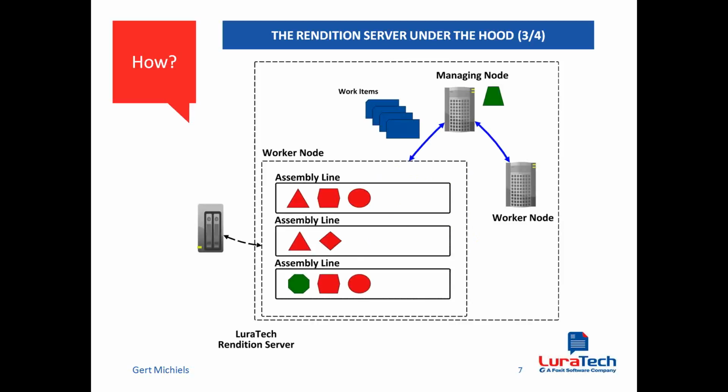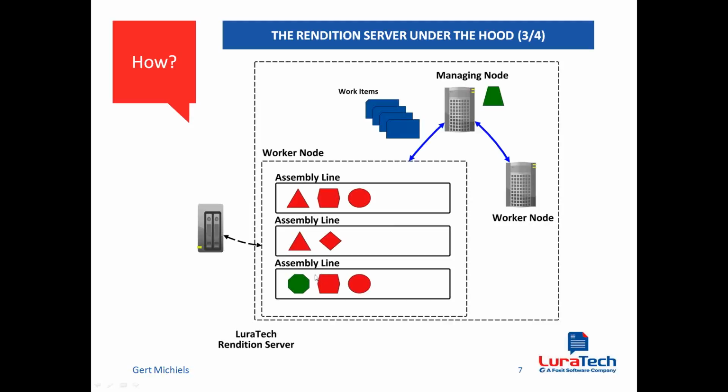Okay, one step deeper, we now see in this central box one worker node. And in the worker node, we have different assembly lines which do the processing. Our idea was that apart from the red stations here, which are the ones provided by LuraTech, one should also be able to provide his own conversion components, which are symbolized here by the green one.